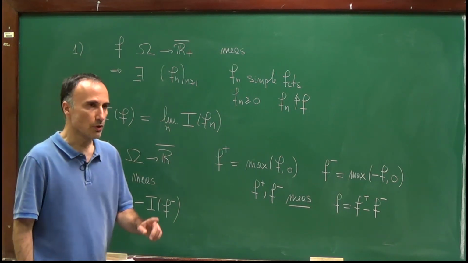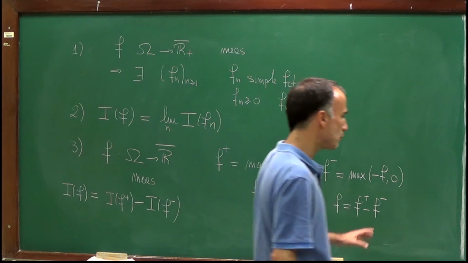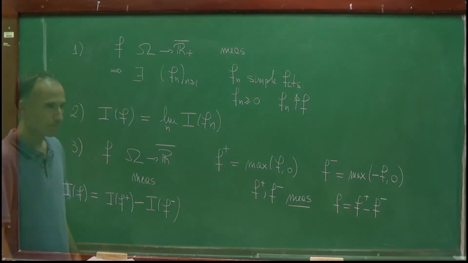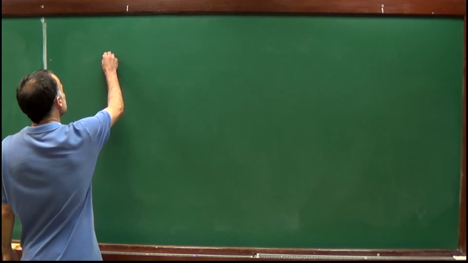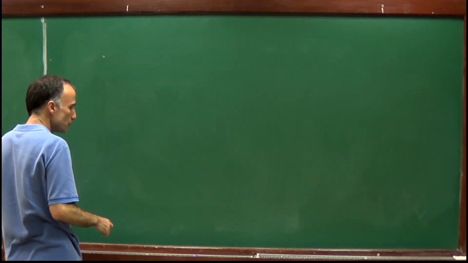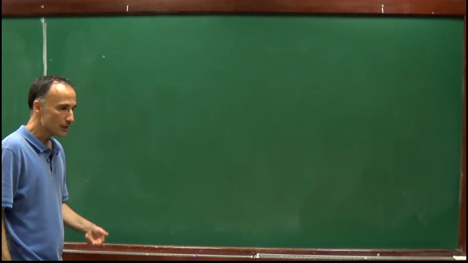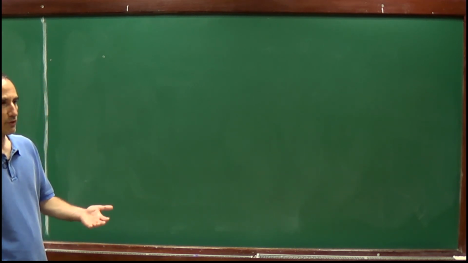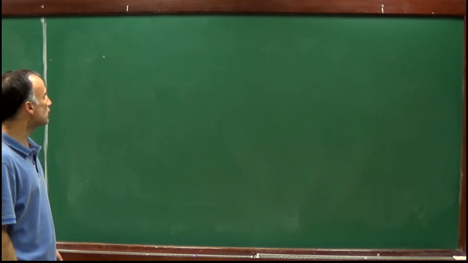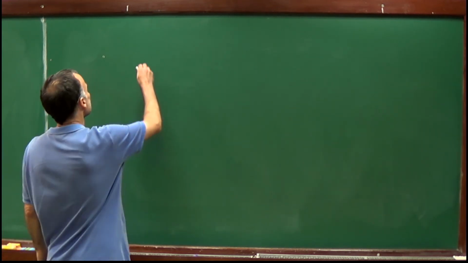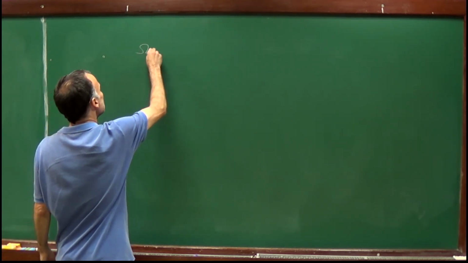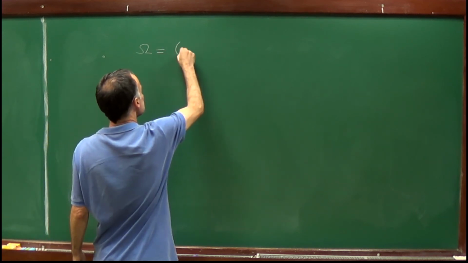Let me also remark, before we go through these measurability questions, that at this point we can define the integral of some functions whose Riemann integral is not well defined. So let's say that we take omega to be the interval 0, 1.